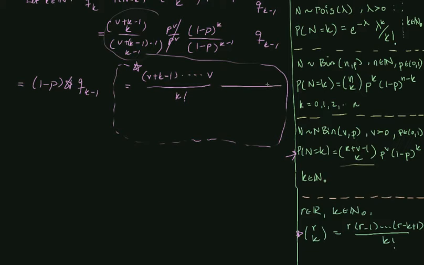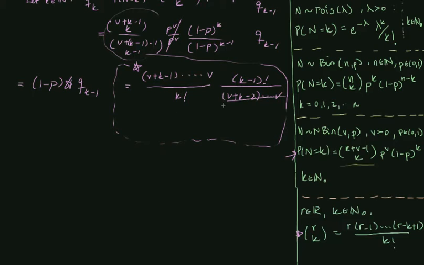And then we have the inverted version of this binomial coefficient down here. So I have k minus 1 factorial, and then v plus k minus 2. And since there are only k minus 1 terms in here, the k minus 2 comes from the k minus 1 minus 1, right? And then I go k minus 1 terms down, so I also end in v down here.